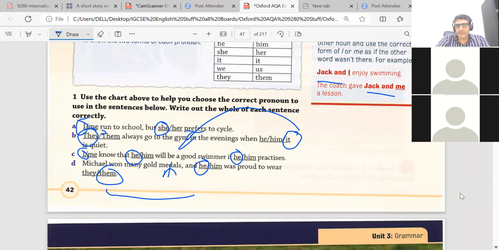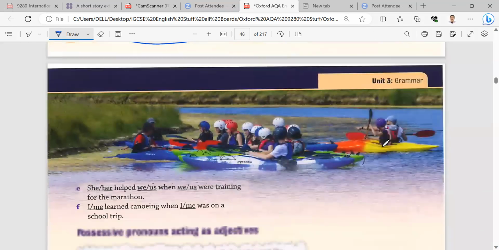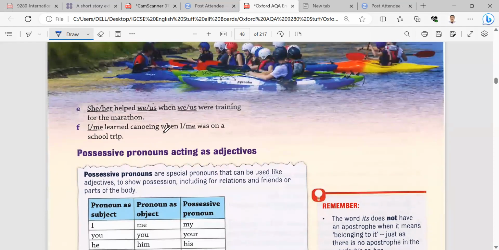Okay. Right. The next one, what about possessive adjectives? Here we have more examples. I think it's easy for you. Can you complete it, Ya Khalid, please? She helped us when we were training for the marathon.